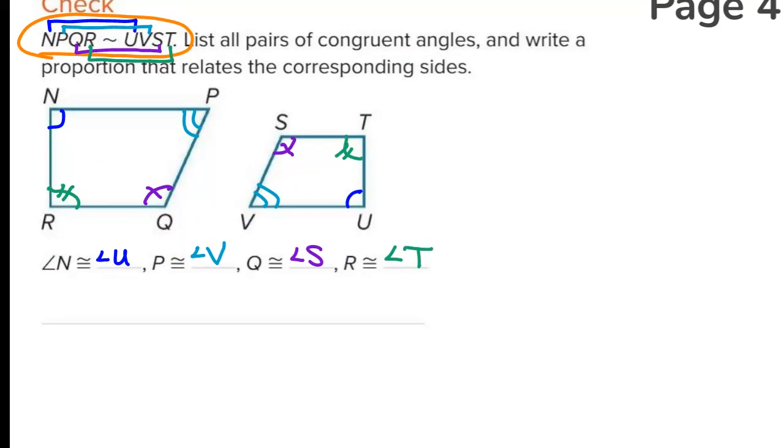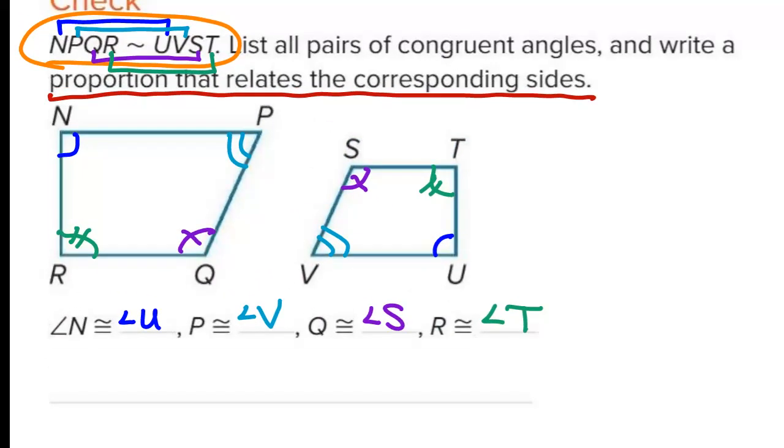They also want us to write a proportion that relates the corresponding sides. So let's pick out a side on our larger trapezoid. Which side do you guys want to start with? NP? Sounds good.